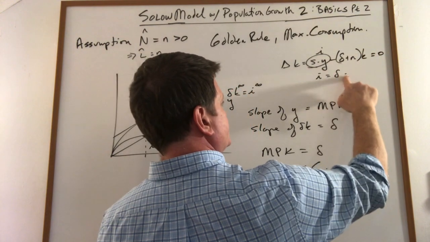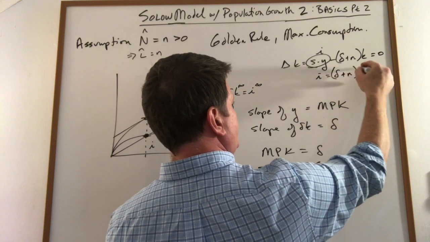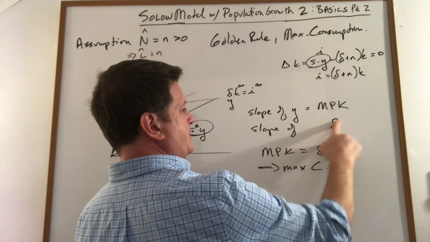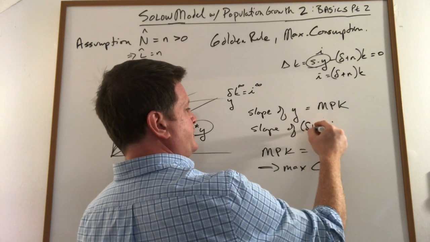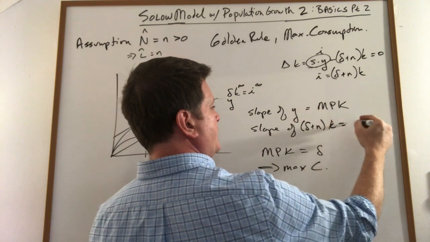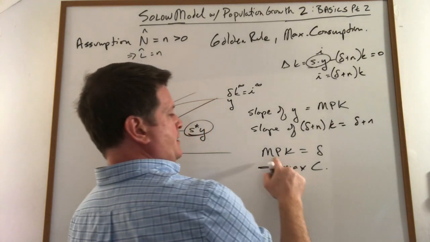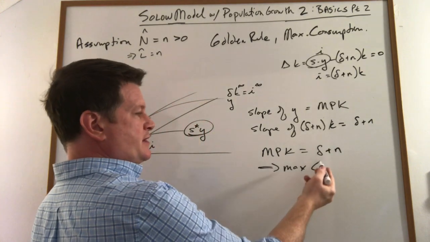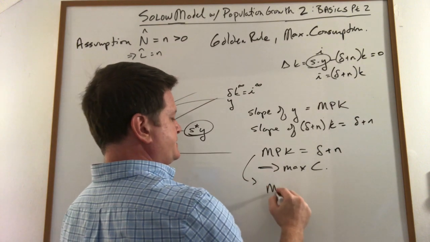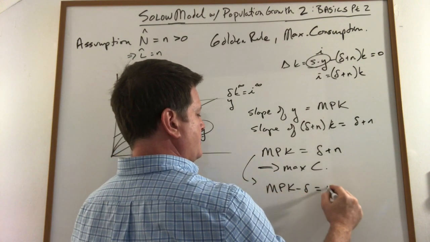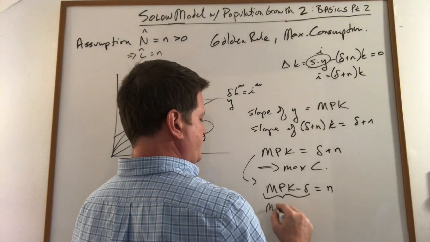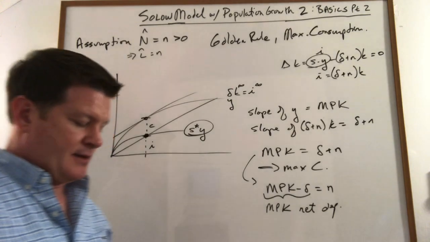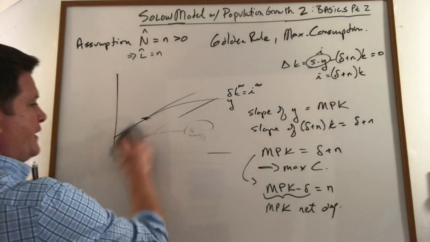So those two things are equal right here, which means the slope of this line is delta plus N. Marginal product of capital will be equal to that at the maximum. Sometimes we rewrite that as this, and we call this the marginal product of capital net depreciation. I'll draw that.